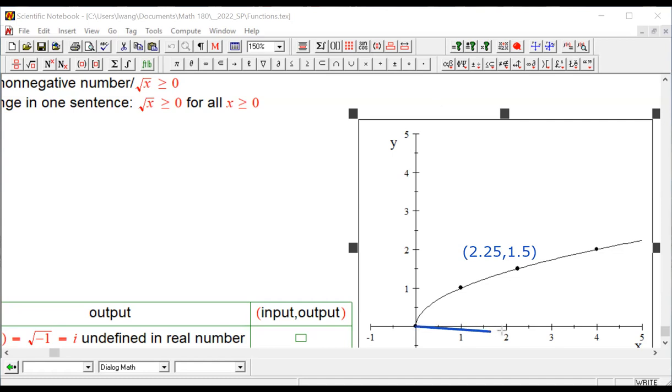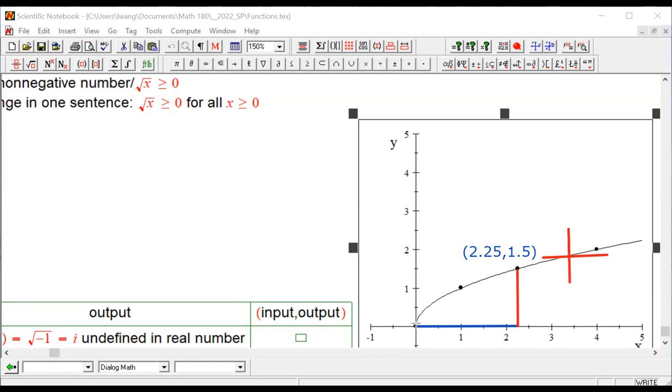Input is a horizontal measurement, output is a vertical measurement. So 2.25, 1.5, and this piece is positive.